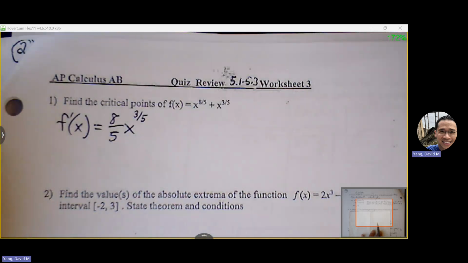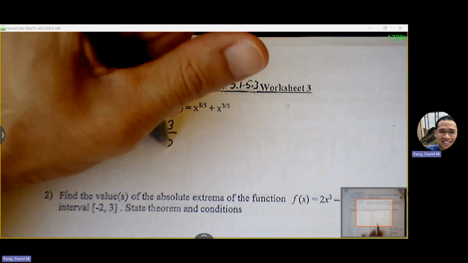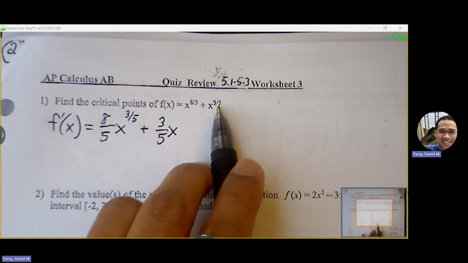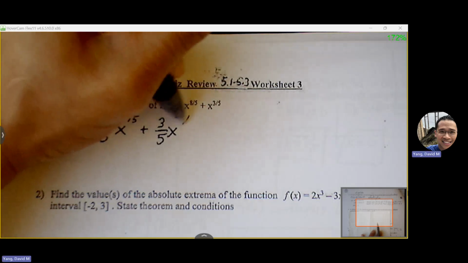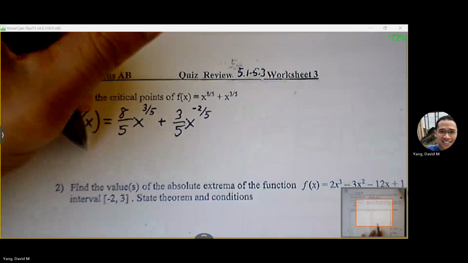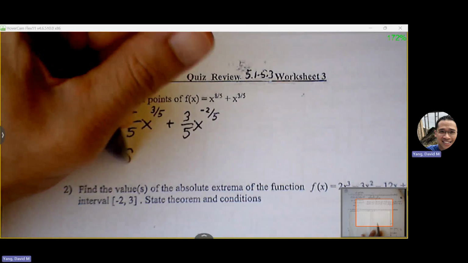Right, 3/5, right? Plus 3/5 x to the, what's the new exponent if I were to subtract 1 from this fraction? -2/5, right? Okay. Let me place the numerators and denominator where they go.